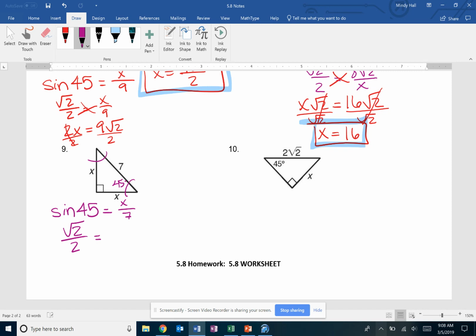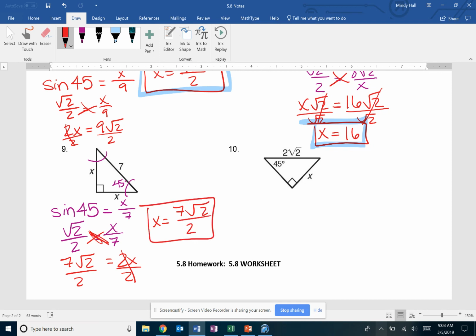I would recommend always writing what trig function you're using. That way you can at least get partial credit if you mess something up. That way we kind of know where you came from. So we have 7 times square root 2 equals 2x. So then we divide by 2. And this one doesn't end up being very pretty because we can't simplify, but it is 7 square root 2 over 2.